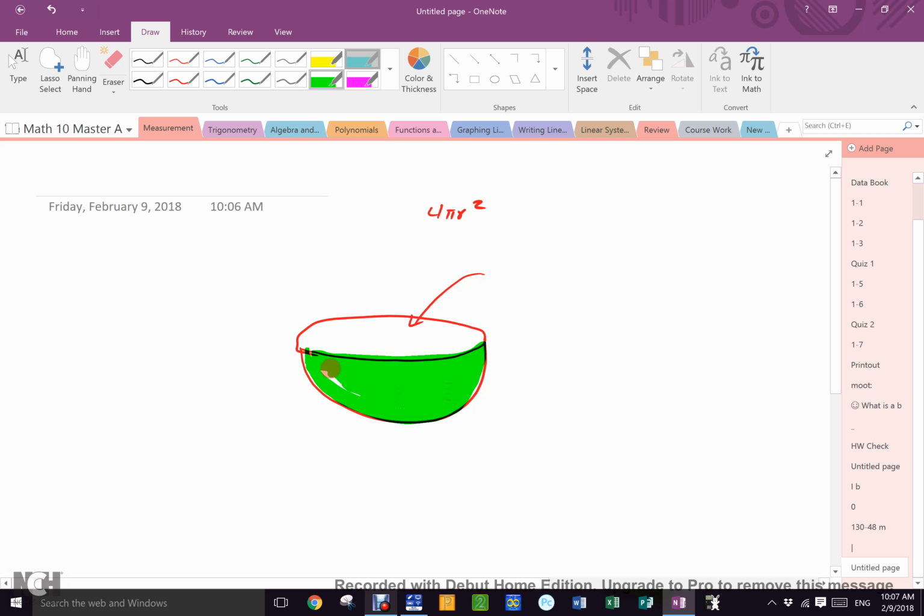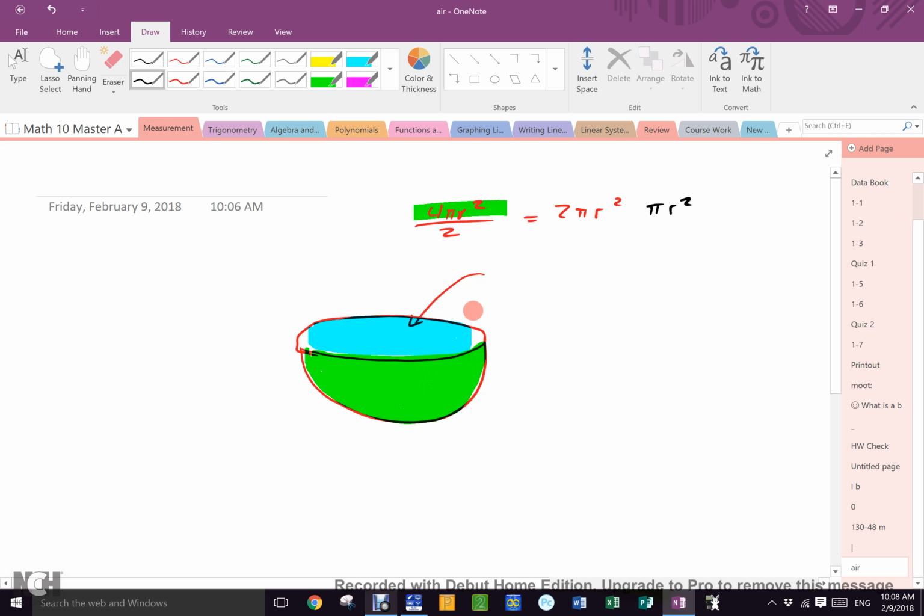And all of that would have been the 4 pi r squared. Everyone agree? So when I cut it in half, this green part would become 2 pi r squared, yes? Everyone agree? But as soon as I cut it in half, what did I make right here? A circle. What's the area of a circle? 1 pi r squared.